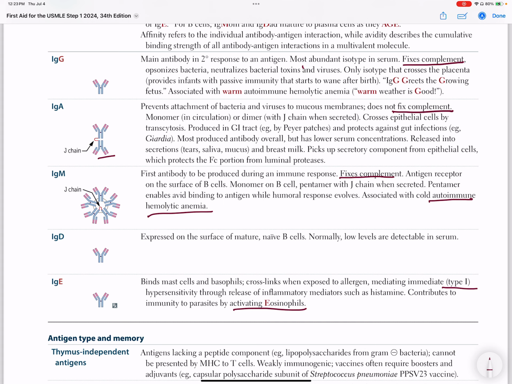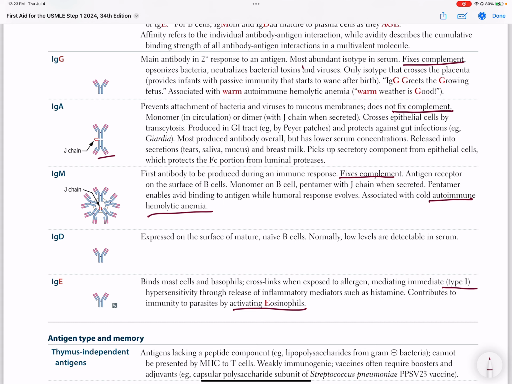It is the only isotype that crosses the placenta, providing infants with passive immunity that starts to wane after birth. IgG is associated with warm autoimmune hemolytic anemia. IgA prevents attachment of bacteria and viruses to the mucous membranes and does not fix complement.